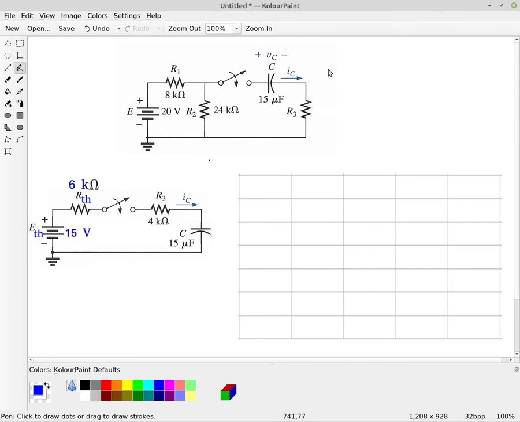So the first thing that we need to do then is to create a Thevenin equivalent circuit. So if we break the circuit right here, and we look at this point AB where we break the circuit, we need to find the Thevenin equivalent circuit.